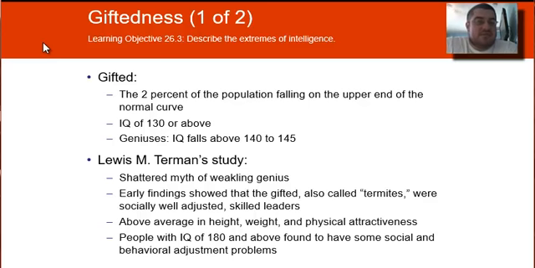Basically, the gifted people, who are called Termites, named after him, are socially well-adjusted and skilled leaders. They tend to be above average in height, weight, and physical attractiveness. And that's between 130 and 180. If we get above 180, we found that these people have some social and behavioral adjustment problems.